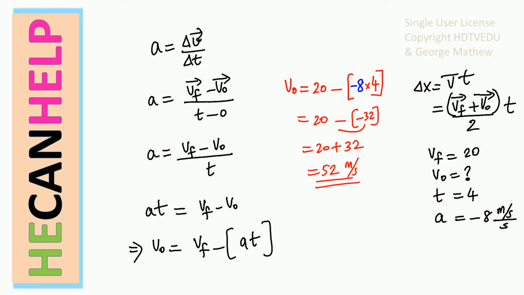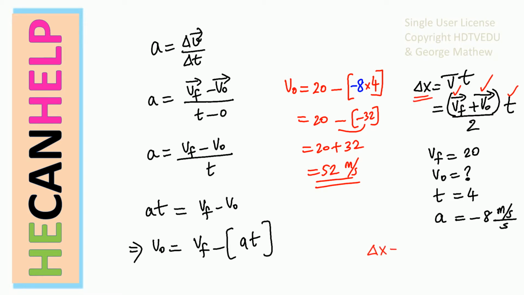What is the unit? Meters per second. What is the magnitude? 52. And what is the direction? Along positive x. Now we have the initial velocity, the final velocity, and the time, so we can find the displacement.